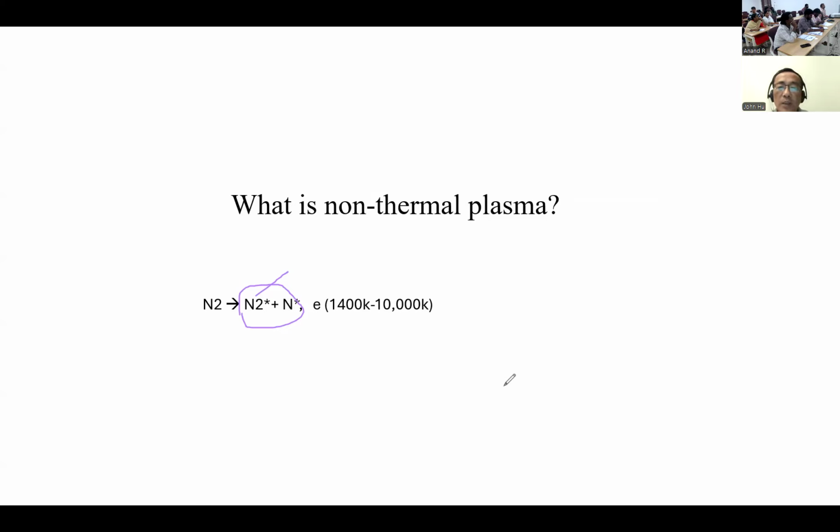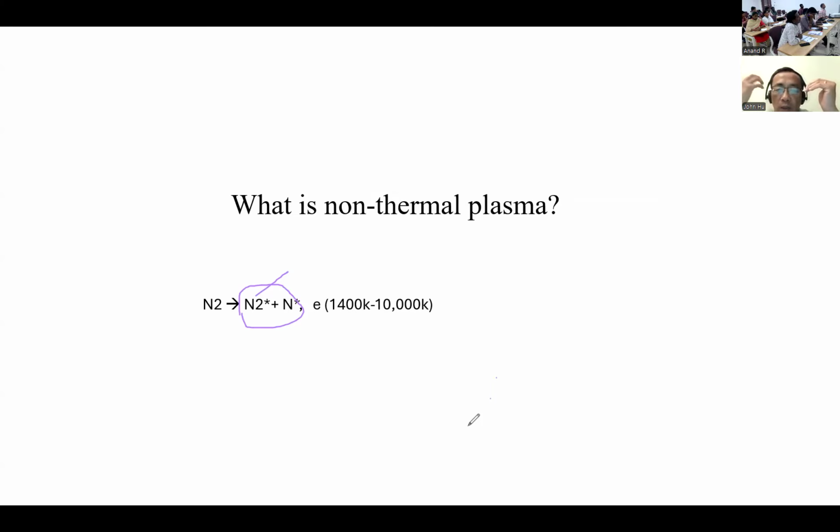Let me cue this one. Yesterday we talked about microwave only. Microwave only means you apply microwave power but do not generate plasma. It's really microwave interacting with the catalyst, heating the catalyst to enable the reaction. But here you generate the plasma using microwave. Microwave can do two things.